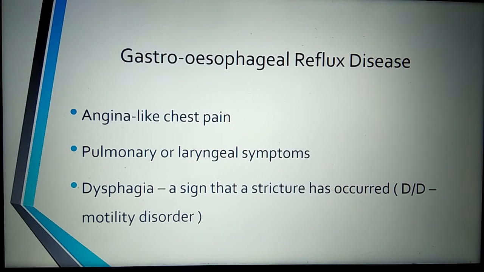Sometimes the patient may complain of angina-like chest pain or features suggestive of pulmonary or laryngeal symptoms. If the patient is complaining of dysphagia, it is a sure shot sign that there may be a presence of stricture.